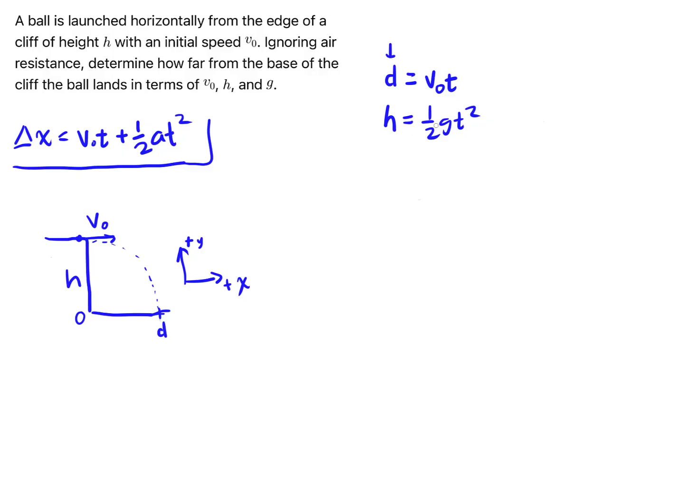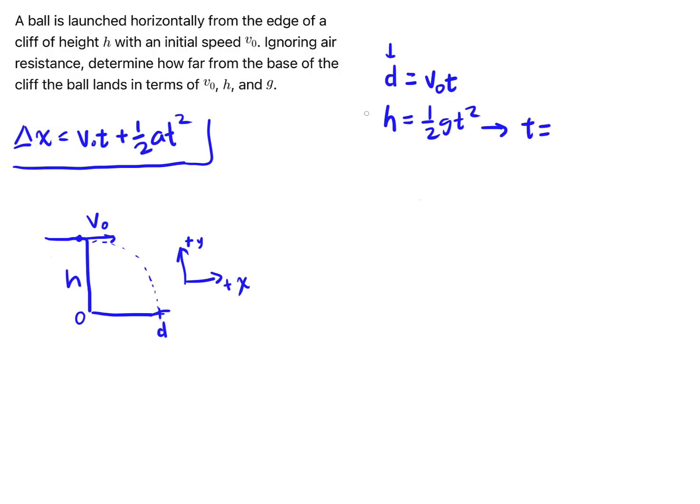So now we have two equations, and we want to solve for d. Ideally, we notice that we have a t in both equations. So we can solve for t in terms of these constants, which we were told to express our answer in, and eliminate t from both equations. So let's do that.